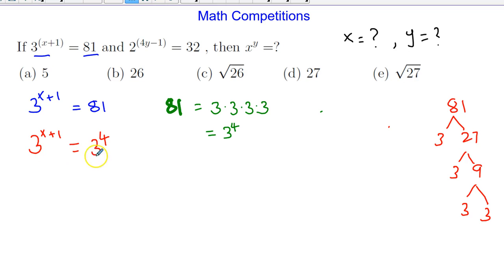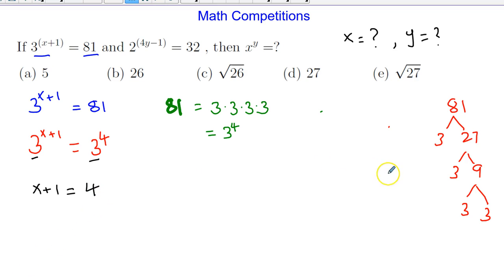Now in this equation, on the left hand side and the right hand side, both of them are in the exponential form and their bases are equal. Because the bases are equal, you can equate the exponents. That is, the exponent on the left hand side is x plus 1, and on the right hand side it is 4.